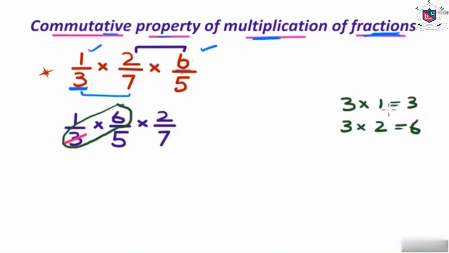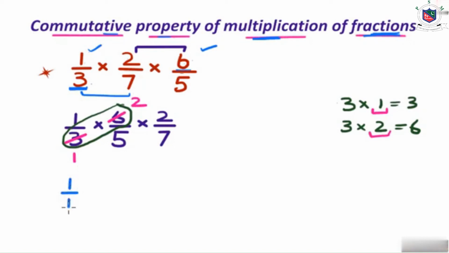So easily we can cross cancel both numbers. 3 times 1 is 3, so we write 1 here, and 3 times 2 is 6, so we write 2 in place of 6.